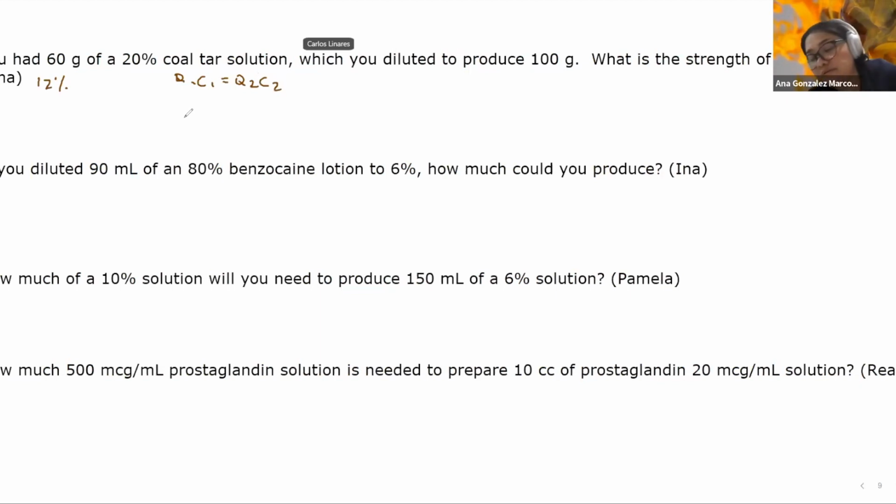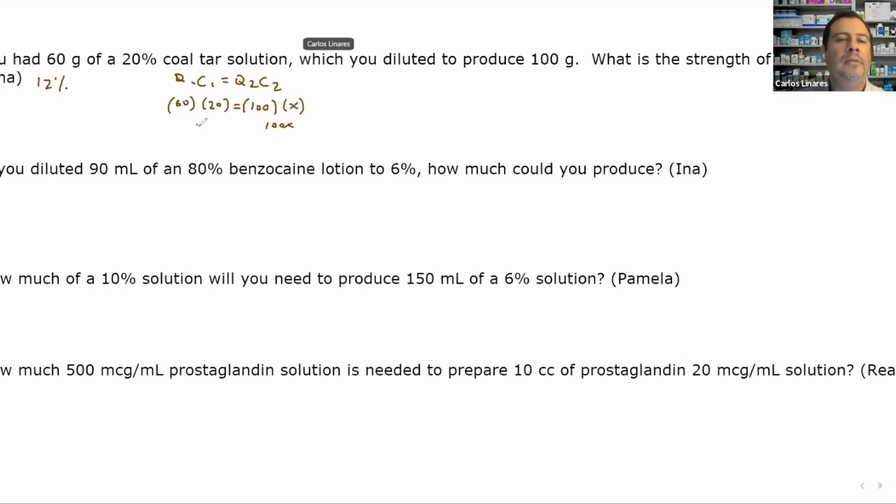My Q1 is 60, C1 is 20, and Q2 is 100, and then the other one is unknown. Correct. So this is 100x, and this is 1200. Divide both by 100. This cancels out, and x is equal to 12%, which is what we're looking for.